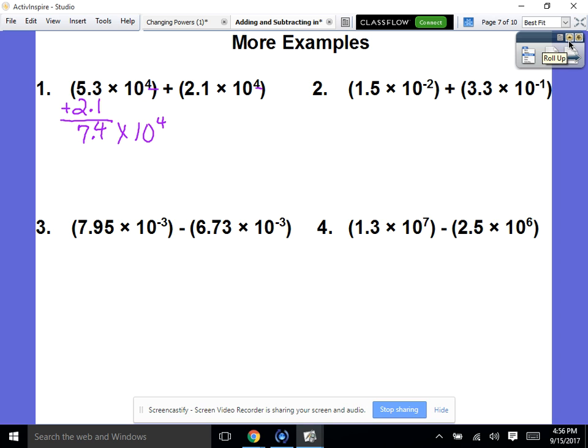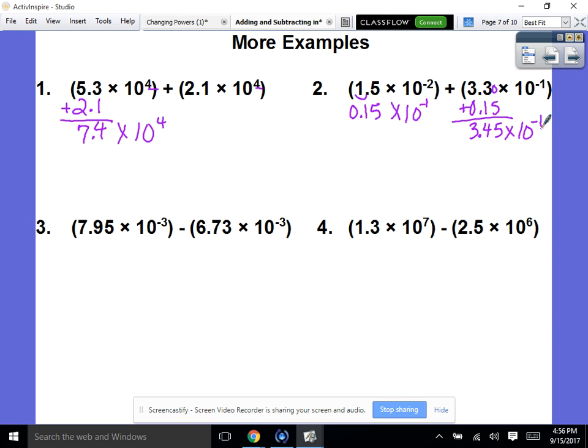Let's change the small one to make it larger. So if we make this one larger, we have to make that one smaller. So now I can add 3.3 plus 0.15 gives me 3.45 times 10 to the negative 1. So we keep that power.